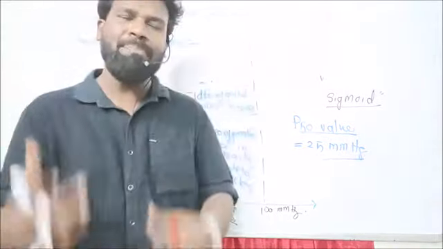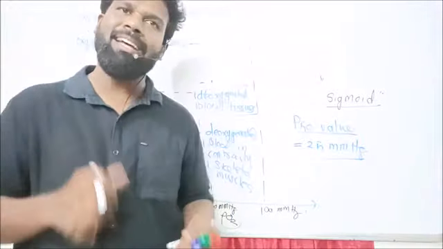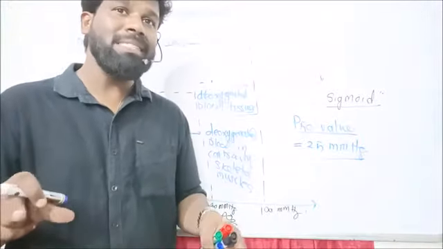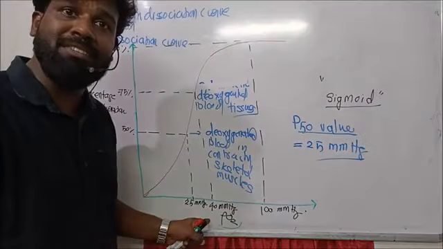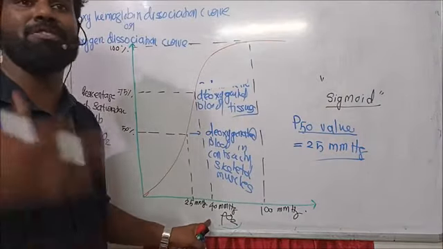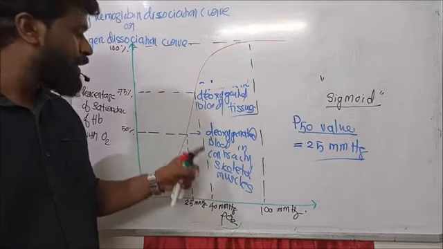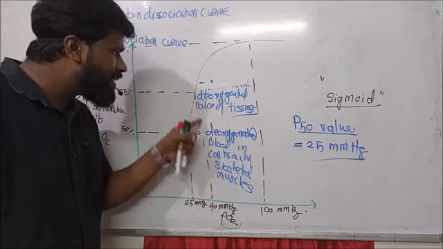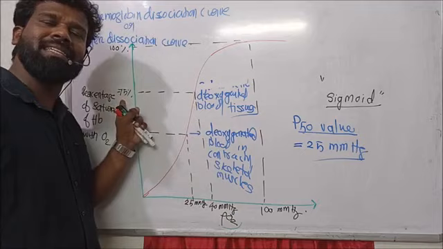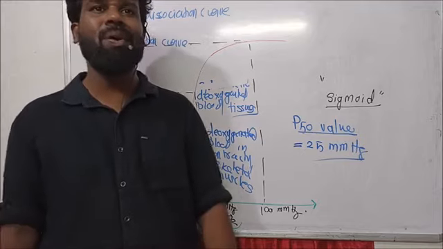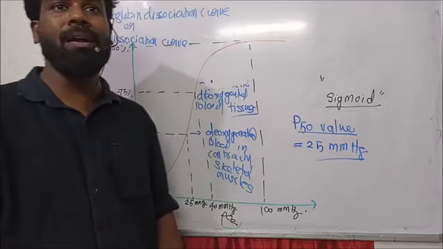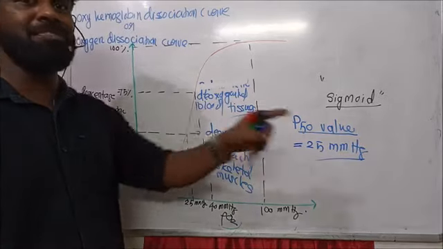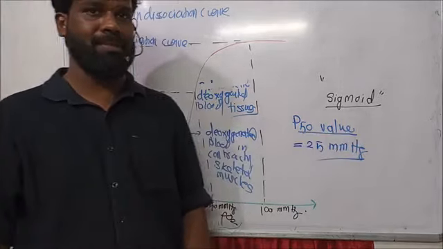We know the partial pressure of oxygen in deoxygenated blood as well as in systemic tissue is 40 mmHg. We already studied the partial pressure of oxygen in our systemic tissue. So here at 40 mmHg, 75% of hemoglobin is saturated with oxygen, meaning in our systemic tissue as well as in deoxygenated blood, about 75% of hemoglobin is saturated with oxygen.